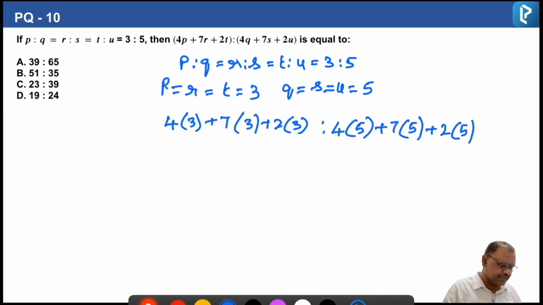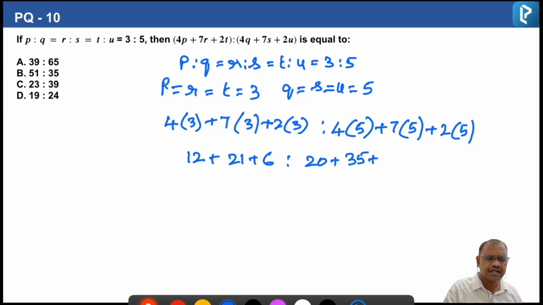Now simplify this. 4 threes are 12, 7 threes are 21, 2 threes are 6. 4 fives are 20, 7 fives are 35, 2 fives are 10. So this is 39. This is 65. 39 is to 65. This is the answer. Option A is the right answer.